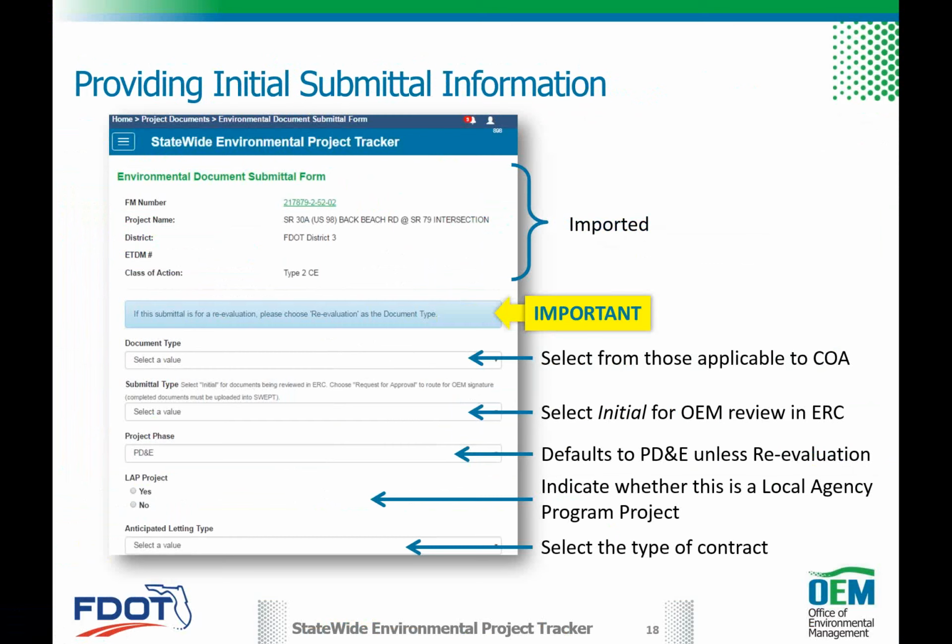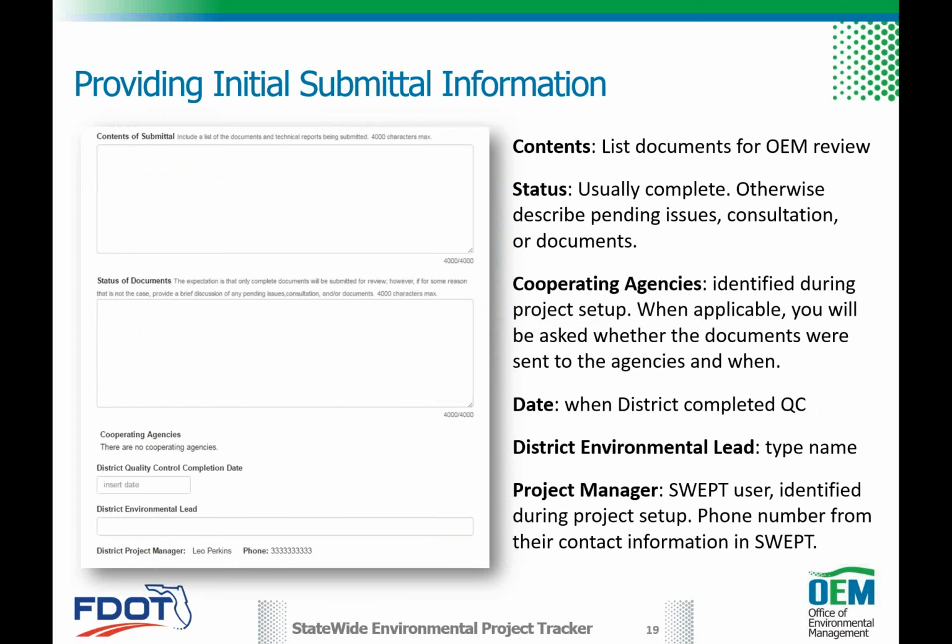But if the action that you're doing is a reevaluation, you want to make sure that's the document type you select. And then for submittal type, is this going to be the initial, or is this the request for approval? And then your project phase defaults to PD&E, unless it's a reevaluation, then you can choose. You can identify whether it's a lab project, yes or no, and the type of contract that's important in there.